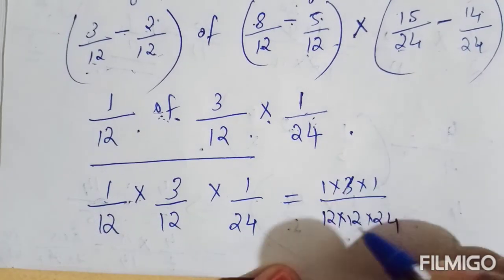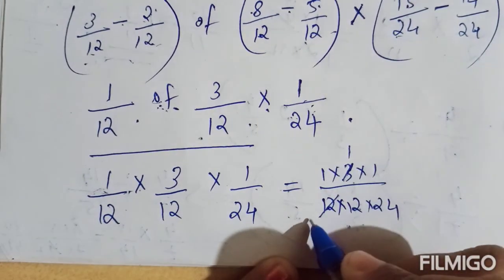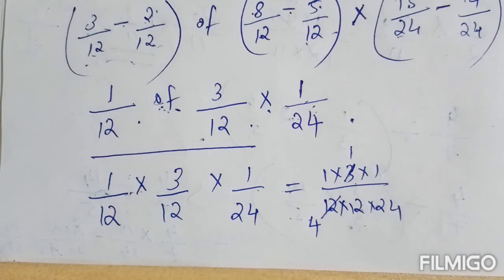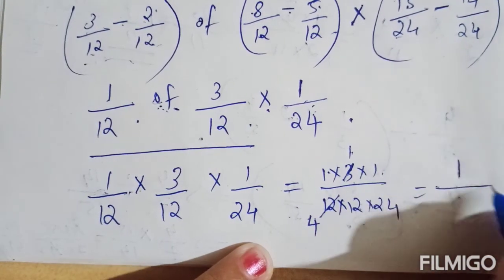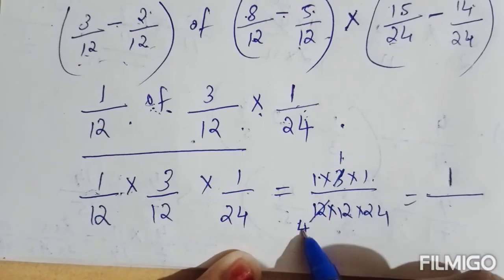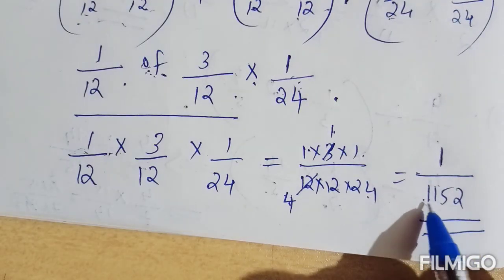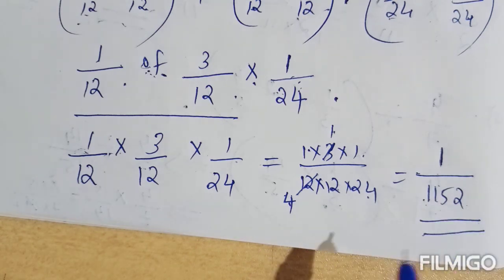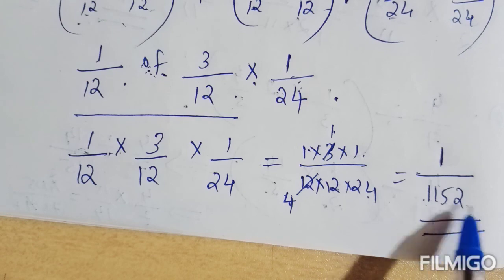So this 3 and 12, you can reduce, 1 here and 4 here. So 1 into 1 into 1, 1 by 12 into 4 into 24, it is 1152. So the final answer will be 1 by 1152.